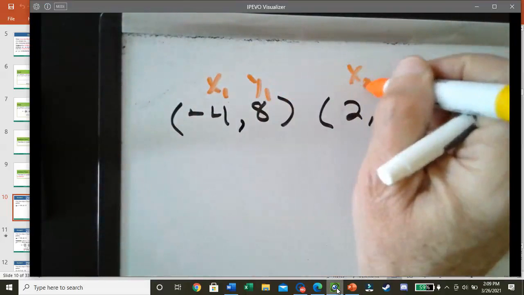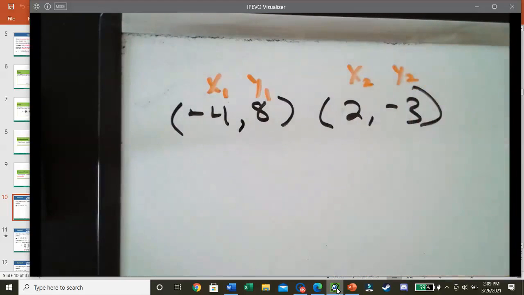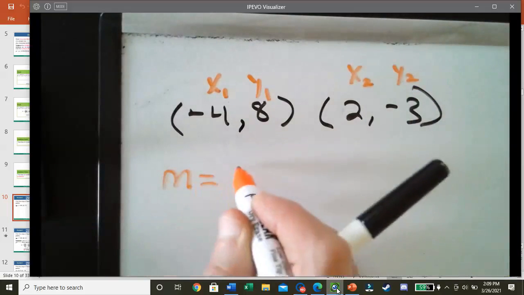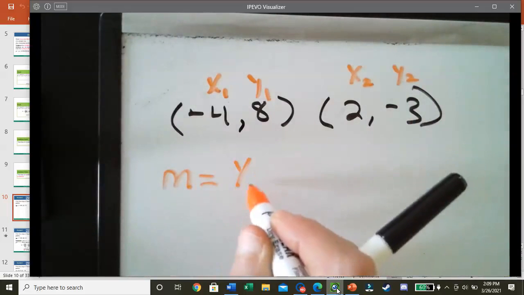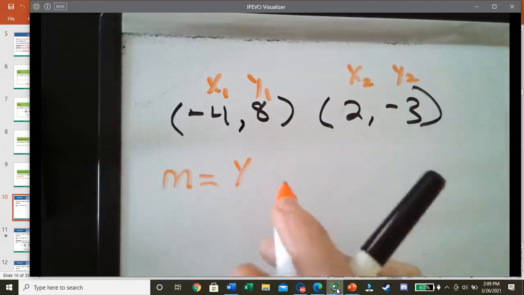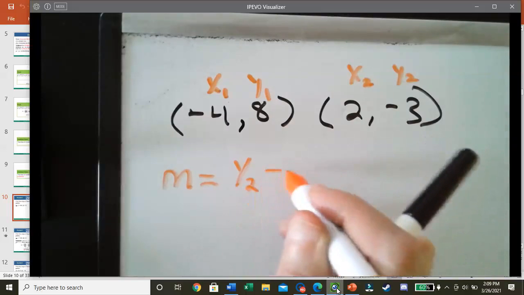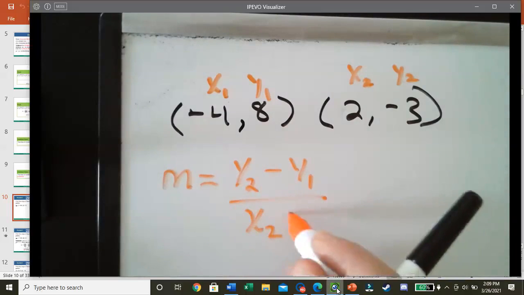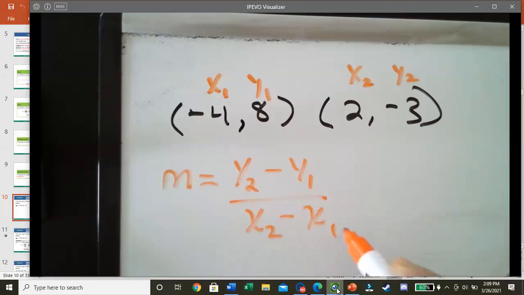Then we write the equation for slope: y2 minus y1 over x2 minus x1.